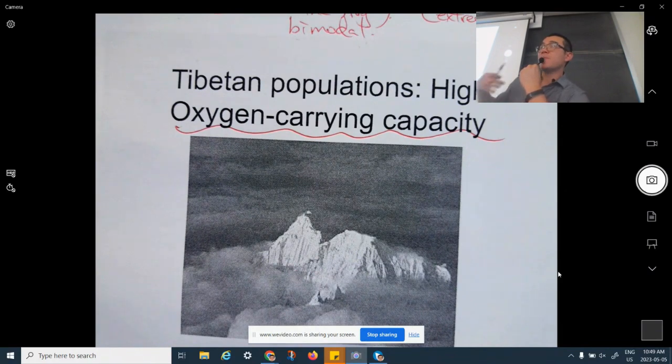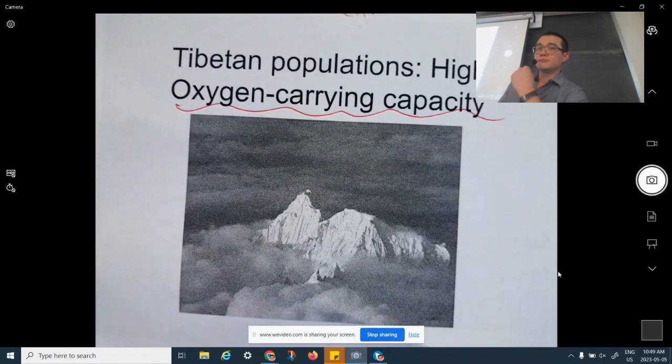So it's a beneficial trait for them to be able to carry more oxygen in their blood. Does that mean they would be better at sports because they can pump more blood? In certain aspects, that would be a beneficial trait. Also, it's no surprise that a lot of that population work as mountain guides. People who want to climb Mount Everest certainly need mountain guides and help, so they become Sherpas.